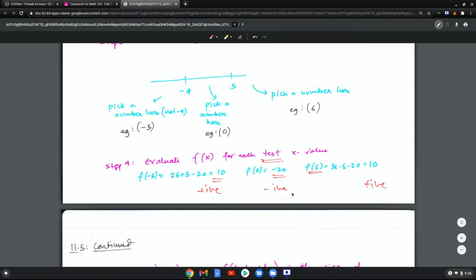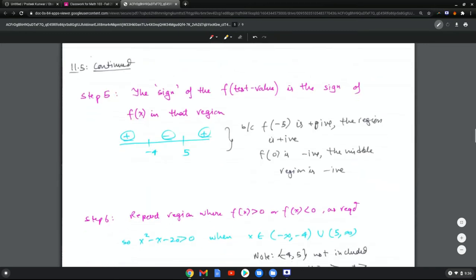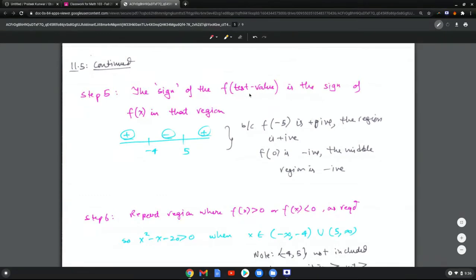Now, if you've done this correctly, they should alternate between positive and negative. And it is obvious when you look at the graph of the function. Step 5 is that the sign of the test value is the sign of the function in that entire region. Meaning, because f of negative 5 was positive, everything here is going to be positive. Because f of 0 was negative, everything here is going to be negative.